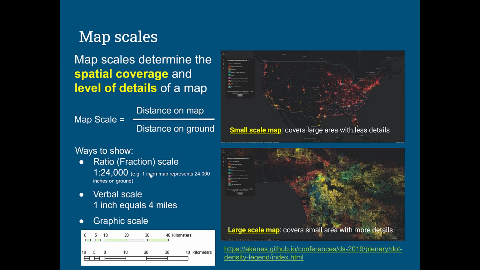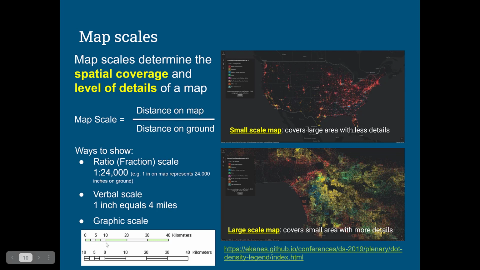It reads every 1 inch you measured on the map represents this many inches on the ground, and you can convert it to miles or kilometers. You can also say 1 inch equals 4 miles.